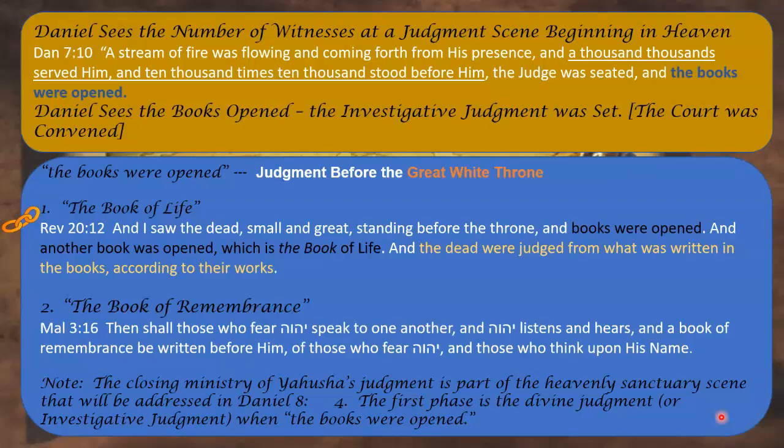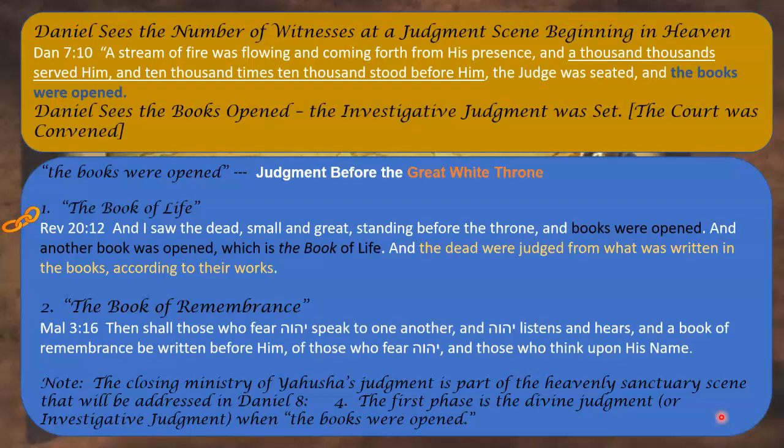And another book was opened, which is the book of life. And the dead were judged from what was written in the books, according to their works. Okay, now I view the dead as being different from those that have been redeemed and die. And we'll get into that in more detail later.